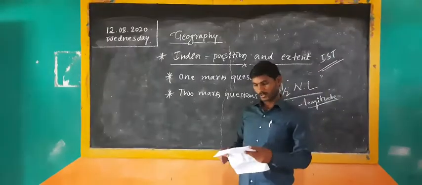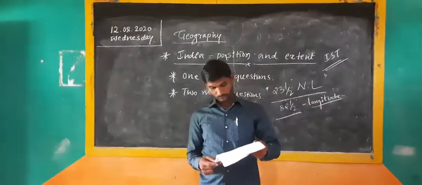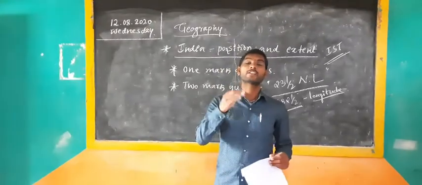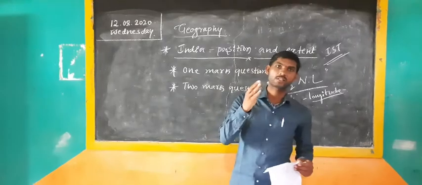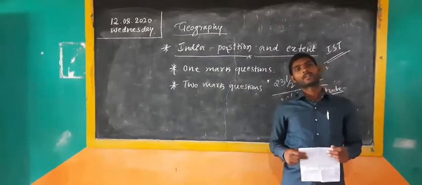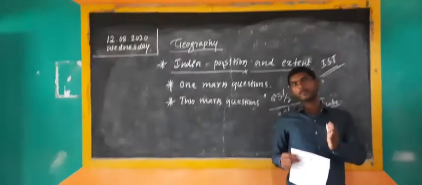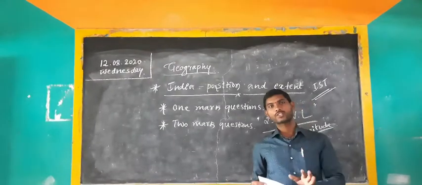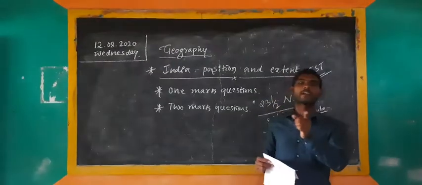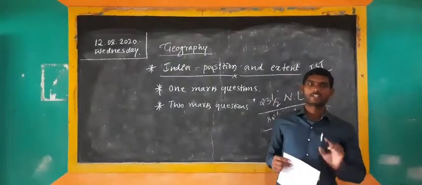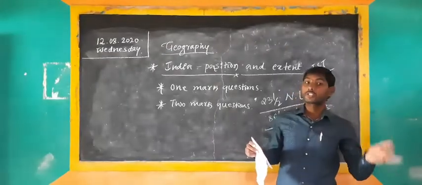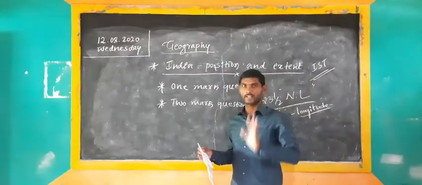Yes, the next question. Write the major oceans of India according to their direction. Yesterday I already explained in detail about the 3 oceans and in which direction they are located.